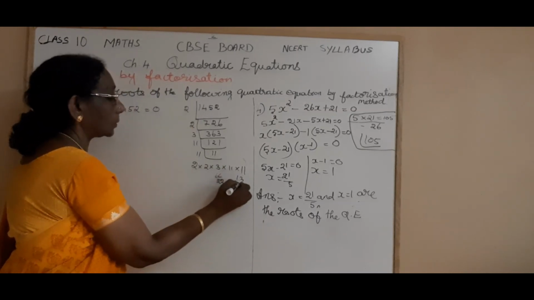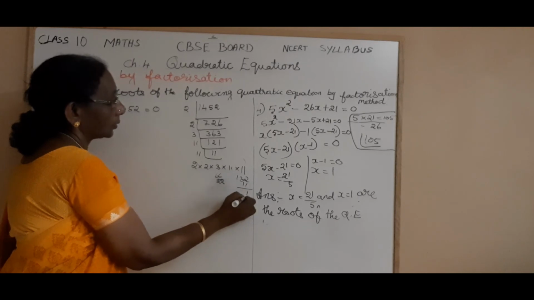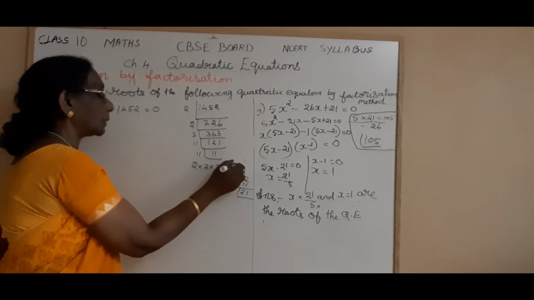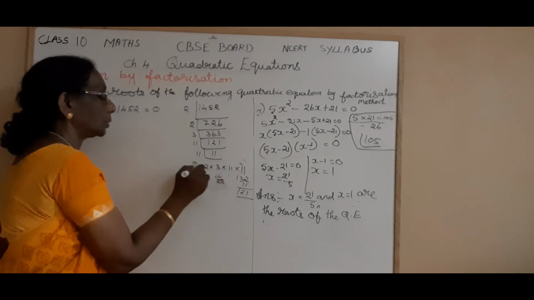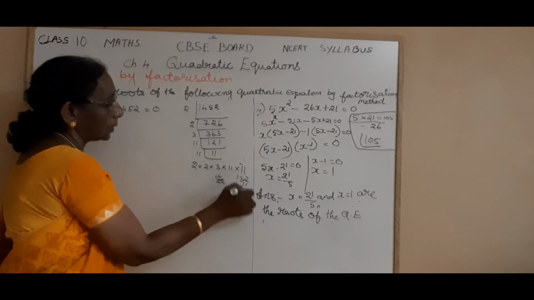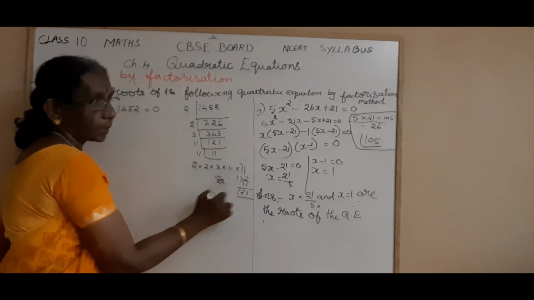First one I grouped like this, 11 into 3 into 2 into 2, so only 11 is left. Sorry for that mistake. Now when you subtract, you are getting 121.